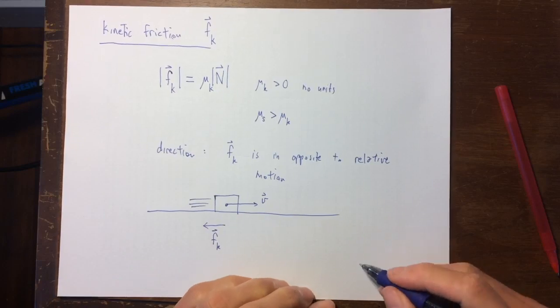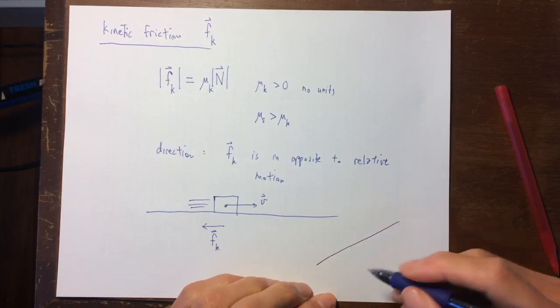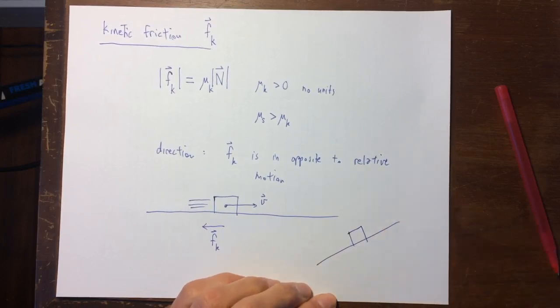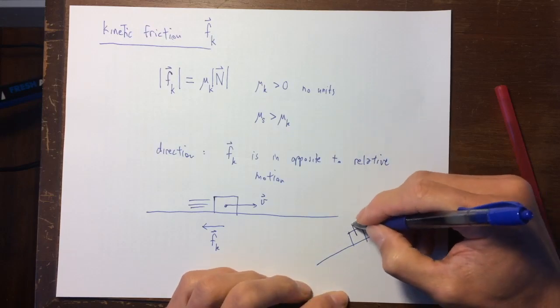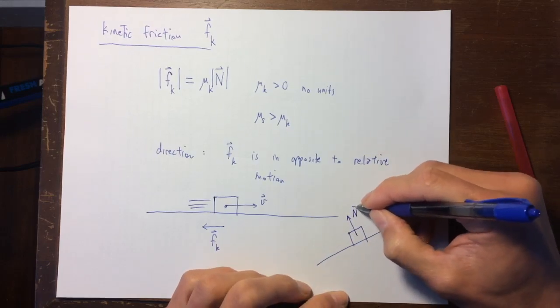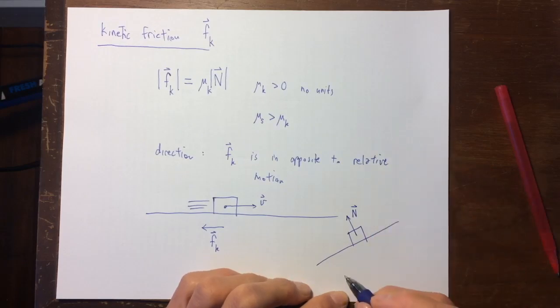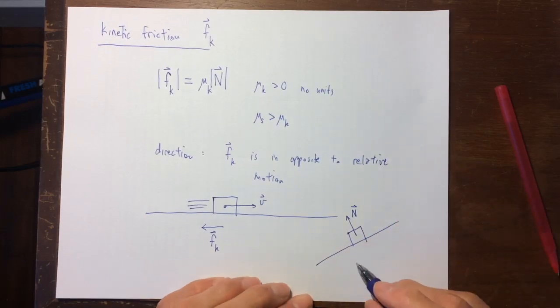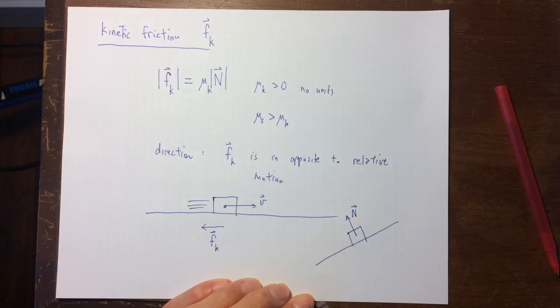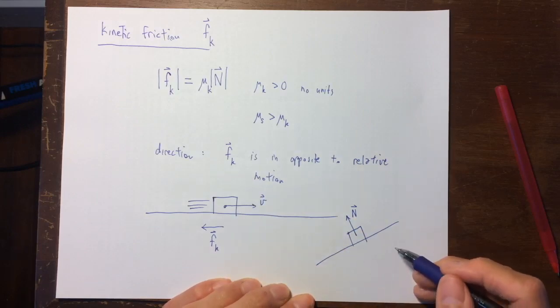The problems become pretty tough when you study friction on inclined planes. The normal force is not in the vertical direction, and the friction depends on in which direction this object is moving.